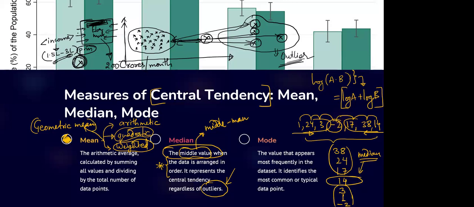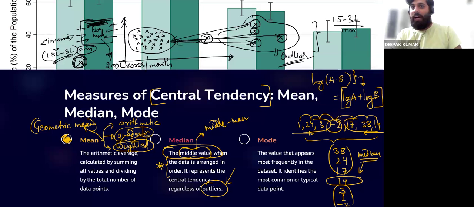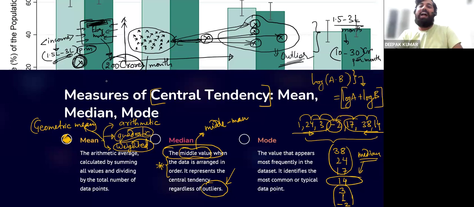So when you are going to calculate the mean, considering Elon Musk in the system, don't you think that your mean, which was usually between 1.5 to 3 lakh per month, will now shift to around 10 to 30 crore per month? Yes, because you have included 200 crores and added it and divided by only one extra number.